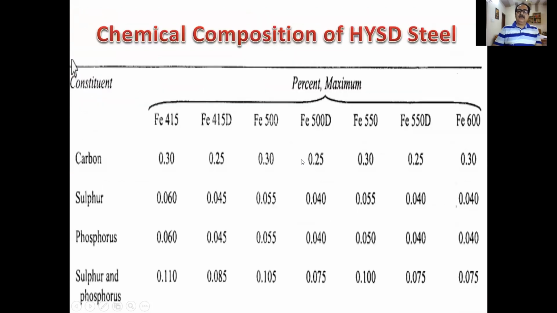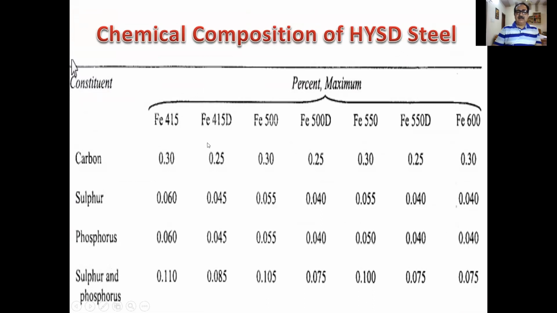Now, these values of percentage elongation depend upon the chemical composition of HYSD bars. As we can clearly see, these are the grades of the steels. These are the chemical constituents. We have carbon, sulfur, and phosphorus, and this is sulfur and phosphorus in combination. They are individual and this is in combination.